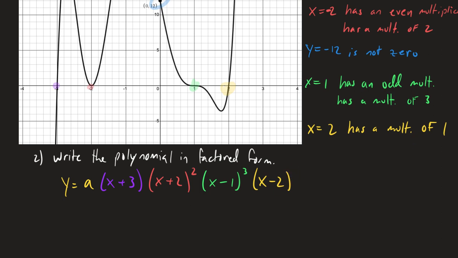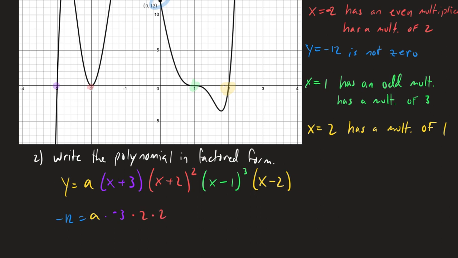And then remember what a is, it's kind of the correction. When we multiply all of these numbers here, we should get the y-intercept. So we have this -12 equals a times 3 times 2, but there's two 2's, right?